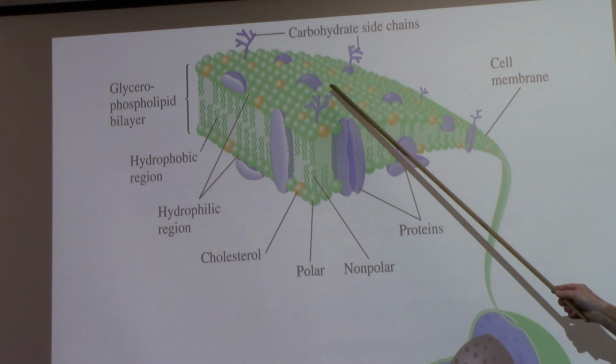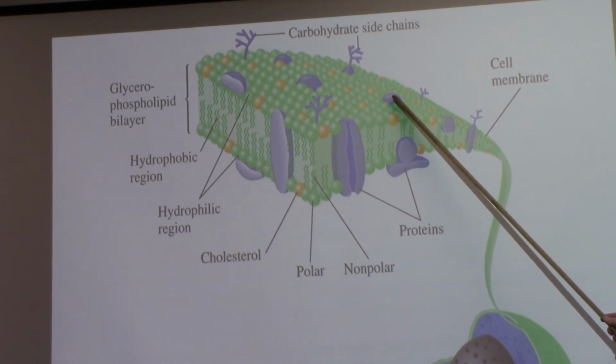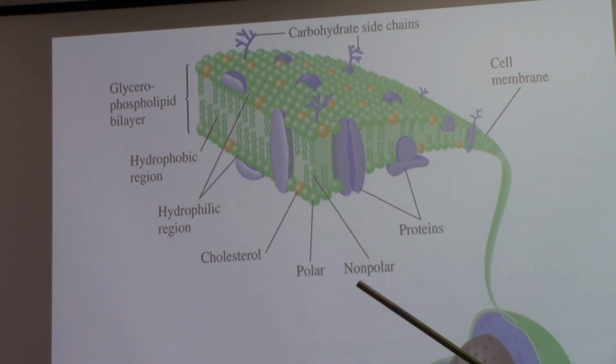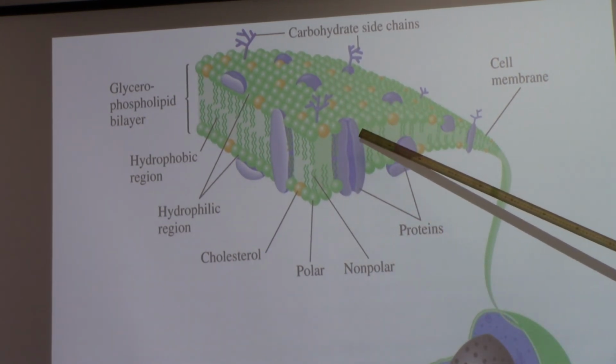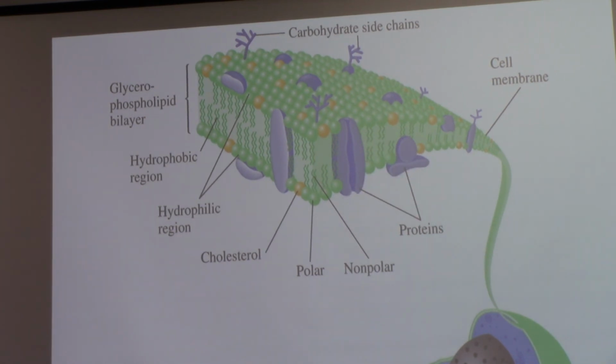These are the cell receptors. And then we have these guys here, which are channels which let things in and out of the cell. So this is the fluid mosaic model.